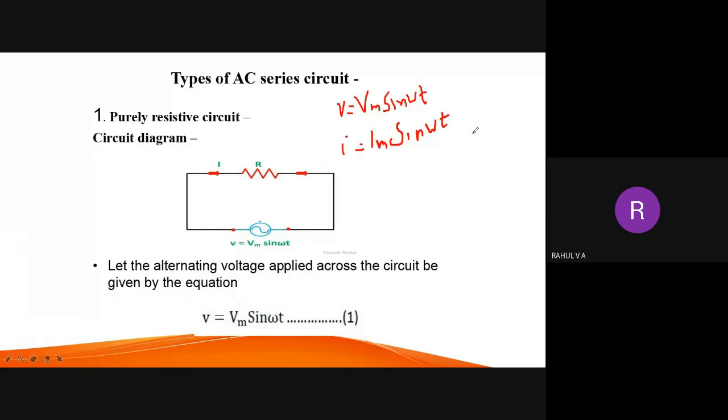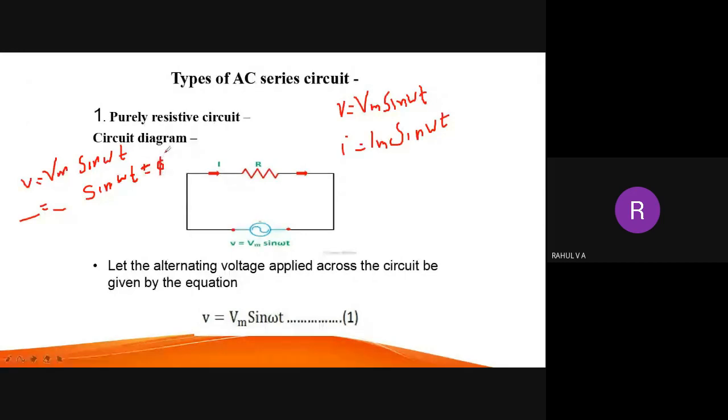Okay, now let us analyze the condition of leading and lagging. Suppose there is a waveform V is equal to Vm sin omega t. Whether it is a current or voltage waveform, in order to say it is leading or lagging, it will be in this format: sin omega t, where an angle will be either added or subtracted.